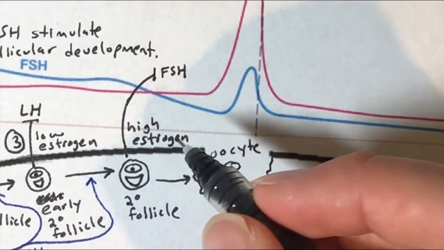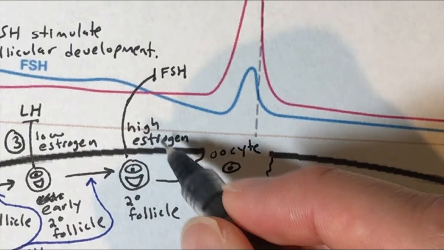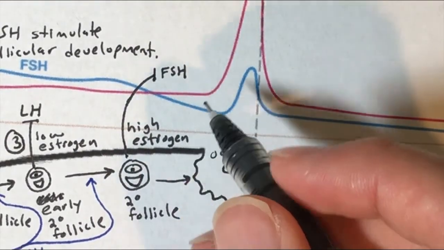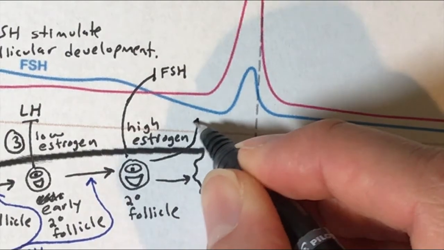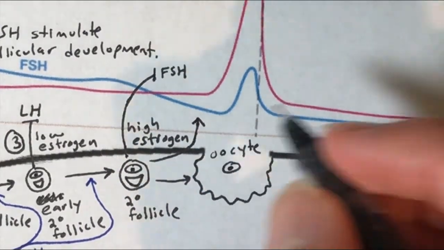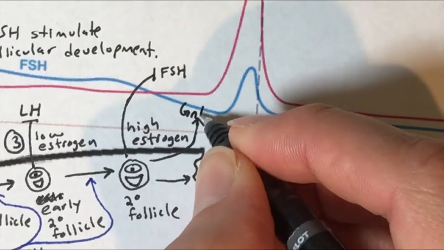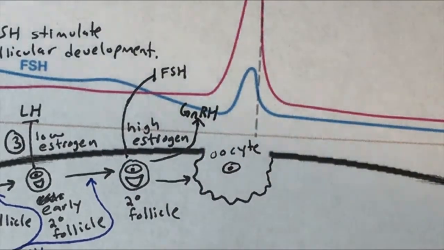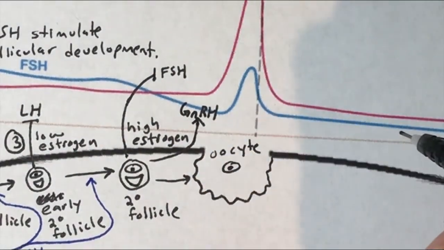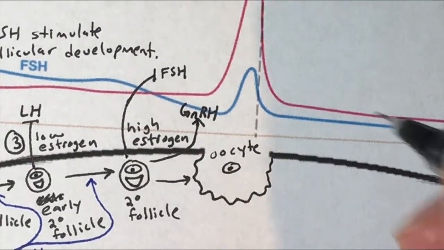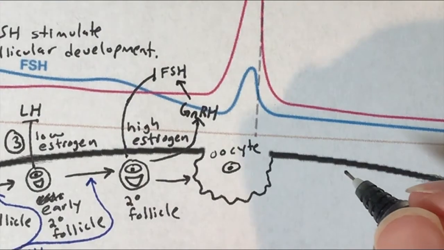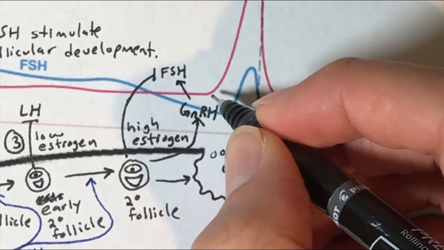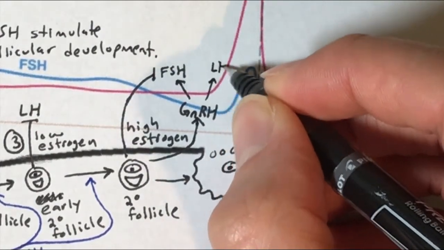The high estrogen, so just get ready, the high estrogen inhibits FSH, but it also stimulates GnRH. And what does GnRH do? It stimulates FSH. And it also stimulates LH.